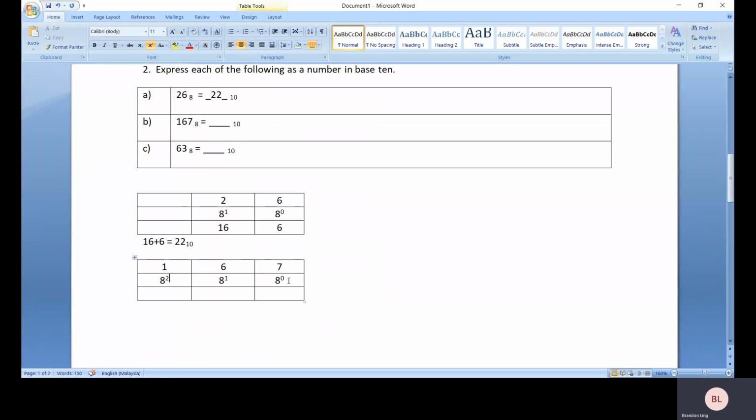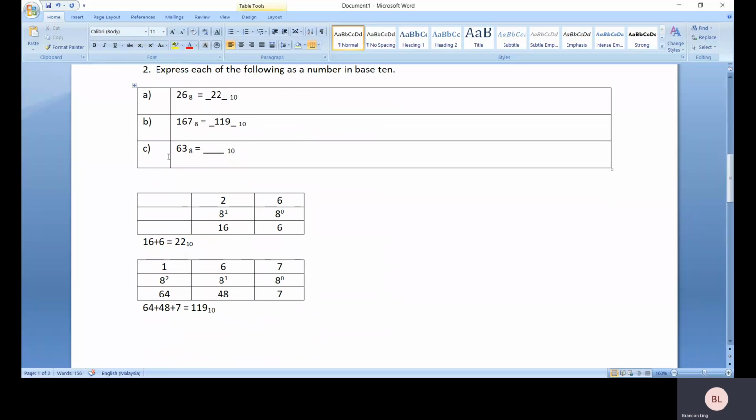So here you have 8 to the power 0 times 7, you get 7, 48, and 64. So next we move on to add the last row of numbers, 48 plus 7. You get the final answer of 119 base 10.